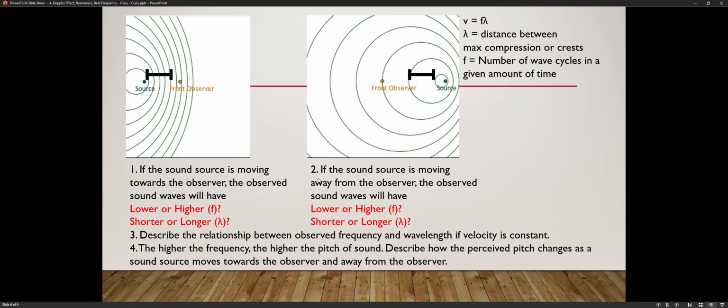Now let's look at number two. If the sound source is moving away from the observer, the observed sound waves will have what? By the observer, it's going to have lower frequency, right? There are fewer sound waves that the observer is hearing, and the wavelength, the distance between the waves, is longer.